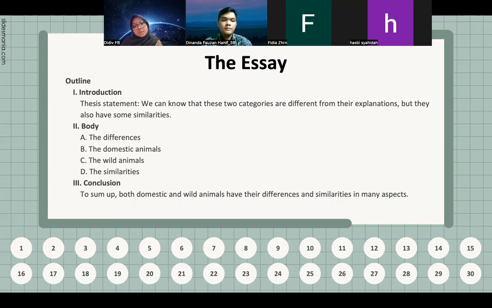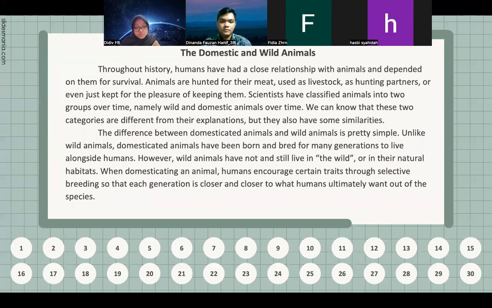To sum up, both domestic and wild animals have their differences and similarities in many aspects. Okay, next please. Here, I won't read all of the text. I will just mention whether it's introduction, body, or conclusion.